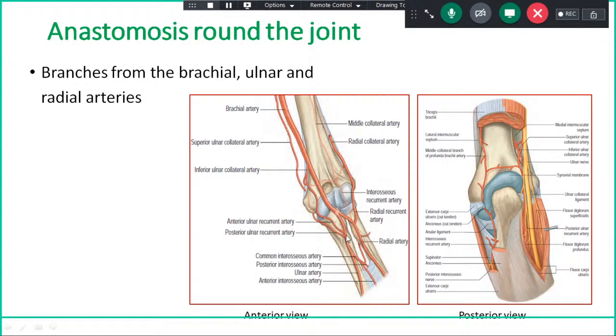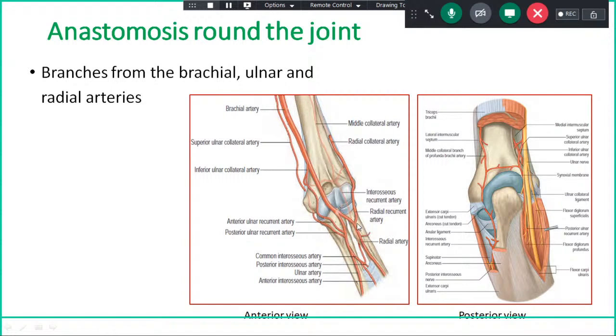The ulnar, on the medial aspect, gives off the anterior and posterior recurrent arteries. Anterior because it goes anterior to the medial epicondyle, and posterior because it goes to the posterior. Since it comes from the ulnar, it is named ulnar. Recurrent because it is tracing back.